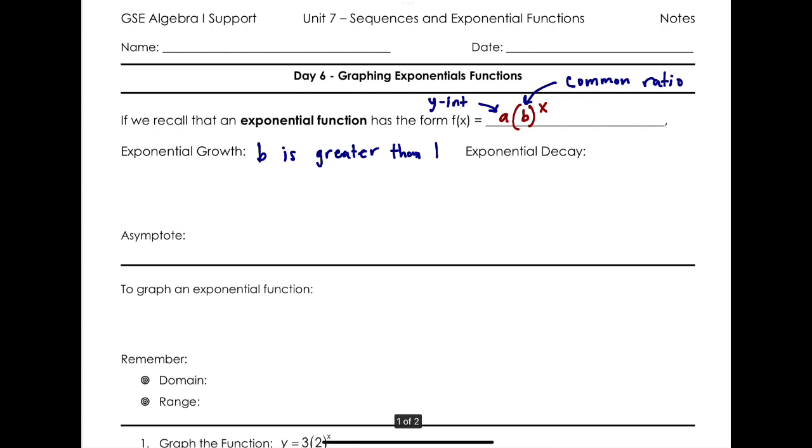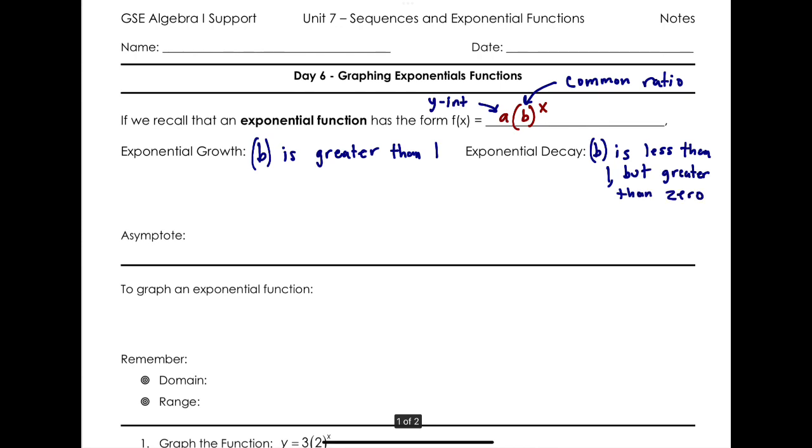And for exponential decay, b is less than 1 but greater than 0.